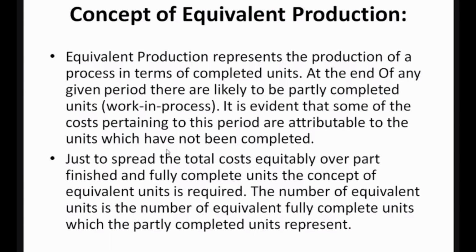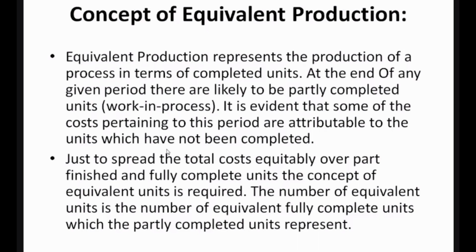As you can read on your screen, equivalent production represents the production of a process in terms of completed units. That means incomplete units are presented as completed units, for the purpose of allocating cost and determining the cost per unit.